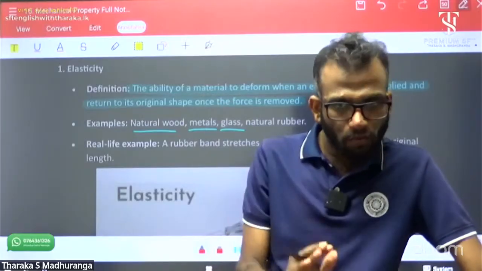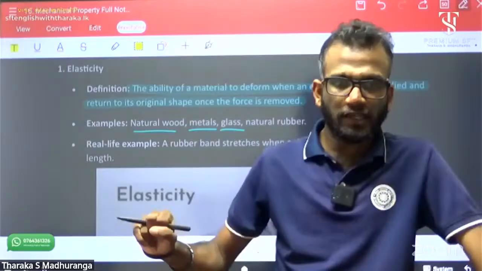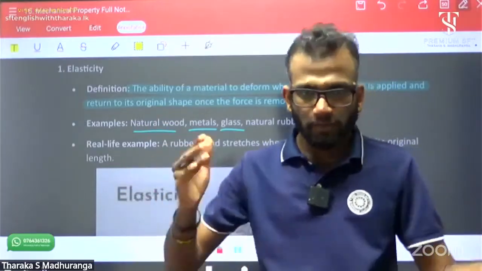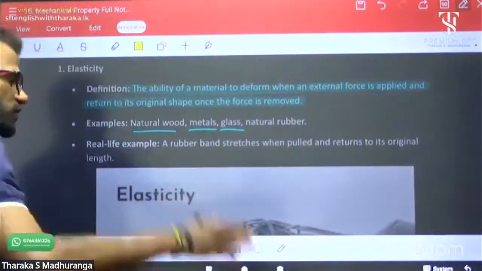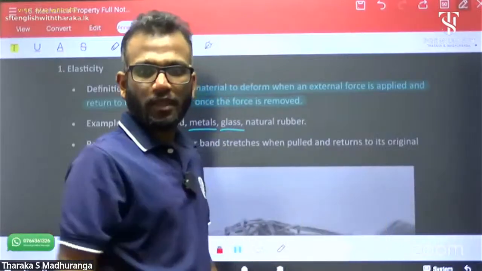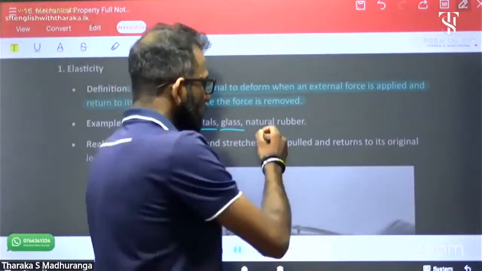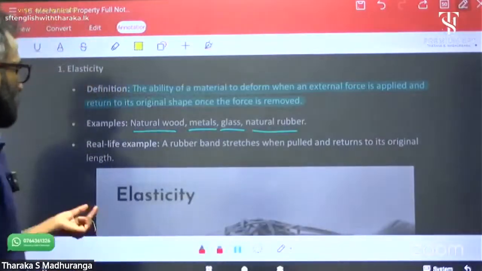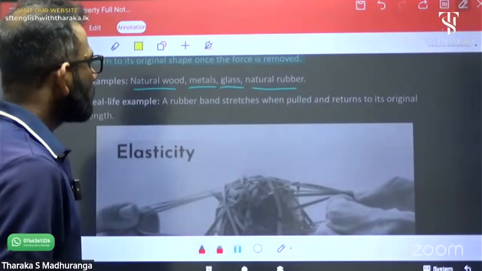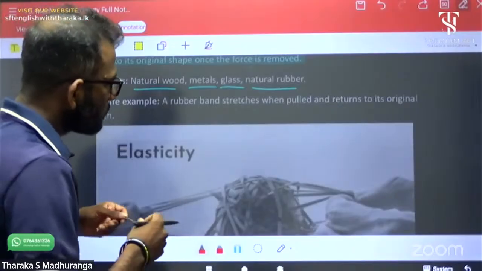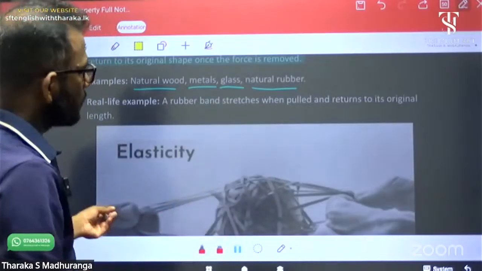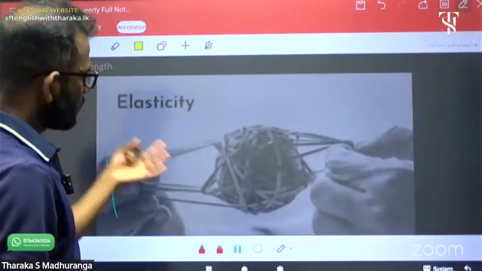It is low, but they are elastic. In the elasticity discussion, you can compare the examples. Glass is also elastic up to a certain level, like natural rubber. Real life example: a rubber band stretches when pulled and returns to its original length. That is elasticity.